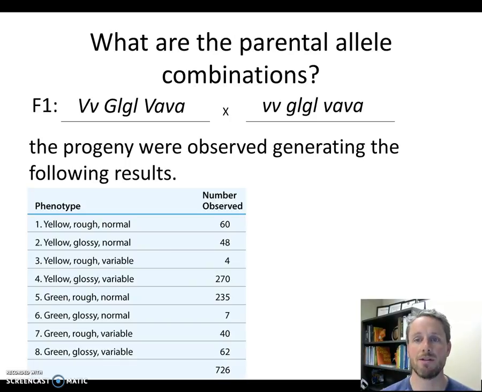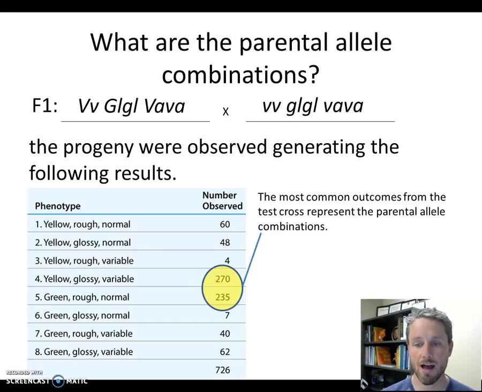So to determine the parental allele combinations, all we have to do is look for the most common outcomes from the test cross. In this case, it's outcome 4 and 5, where we had 270 or 235 progeny, respectively. And these phenotypic classes represent the parental allele combinations.